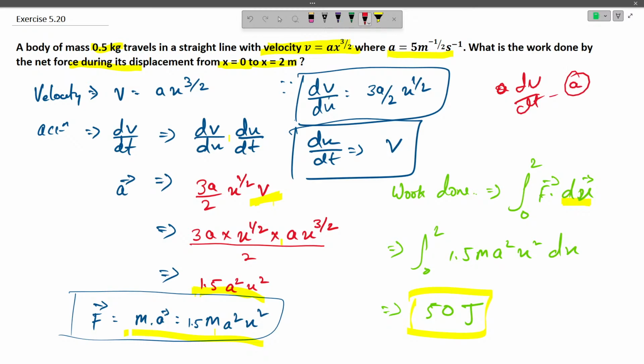This will give us the acceleration, and we have to find the work done.